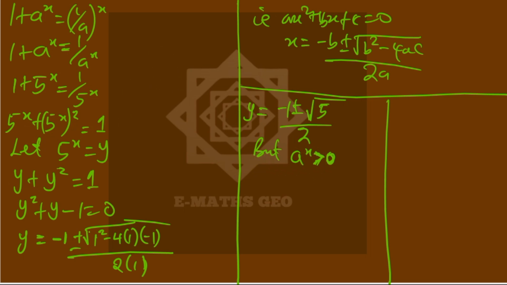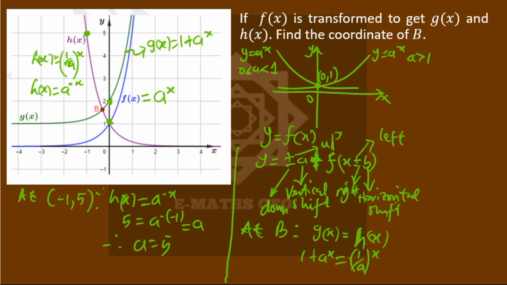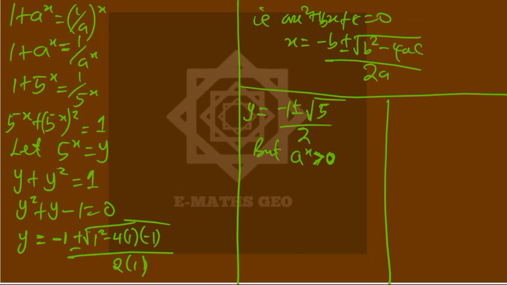From the graph, as you can see, the y value must be a number above the x-axis. So it will guide our solution. What am I trying to say? You see that the negative part of this will not be included, because this will turn to a negative number if we leave this. So we exclude this.